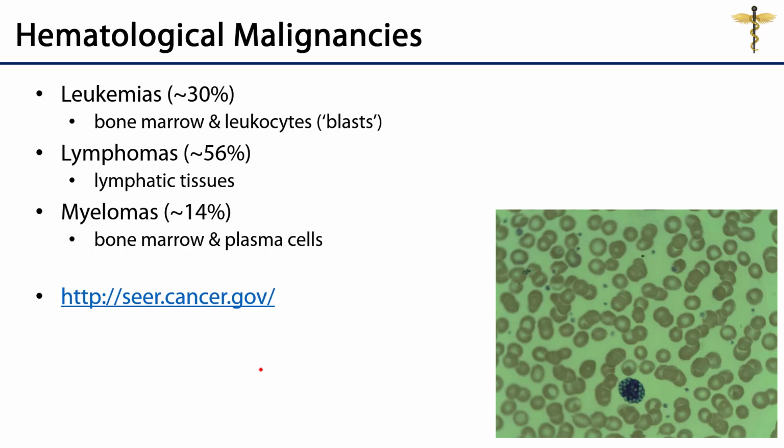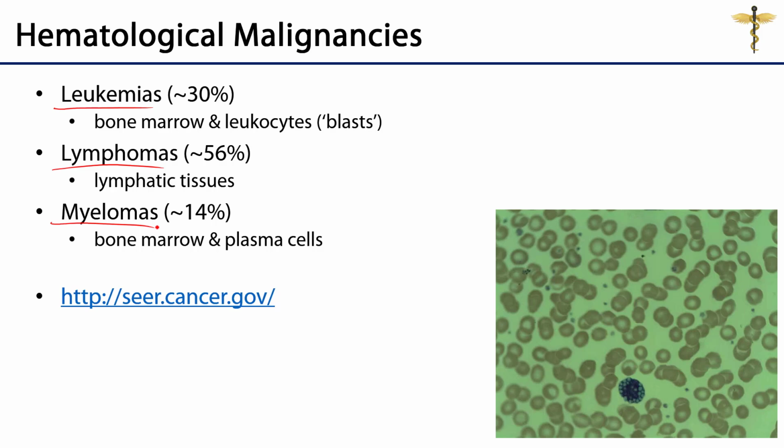Now finally, I just briefly wanted to touch on hematological malignancies. Now this is probably a topic that an entire course can be devoted to, or many courses, but very broadly there are three types of hematological malignancies. There are leukemias, lymphomas, and myelomas. Leukemias, which account for about 30% of hematological malignancies, can come in many different forms.